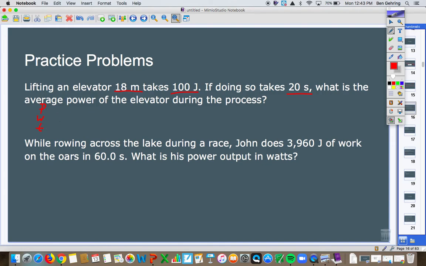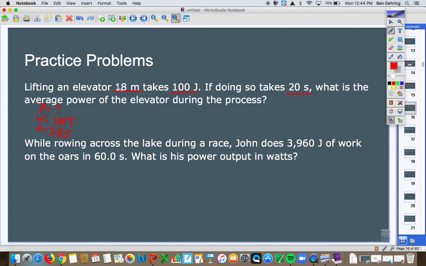Power is what I'm looking for, because it asks for the average power. So power, I don't know. I know I have 100 joules. Hey, that's going to be a work. And it took me 20 seconds. That's going to be a time.